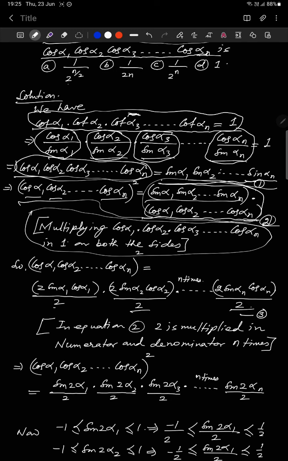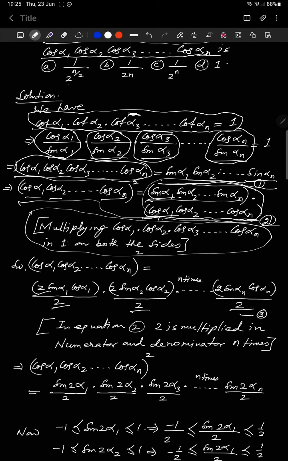That means sin alpha 1 and cos alpha 1 are clubbed together, and that is multiplied by 2 and divided by 2. So if we cancel this 2, we are left with sin alpha 1 into cos alpha 1.